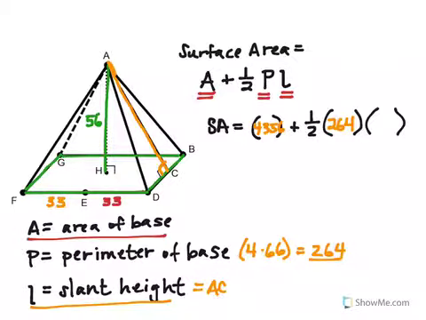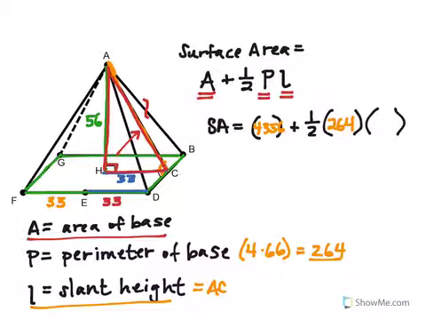We see that the height here is 56, and we can create a right triangle here. And we know that HC is the same distance as E to D. These are congruent. So now we have this triangle, which is a right triangle. And this slant height is now my hypotenuse because it's across from the 90-degree angle.